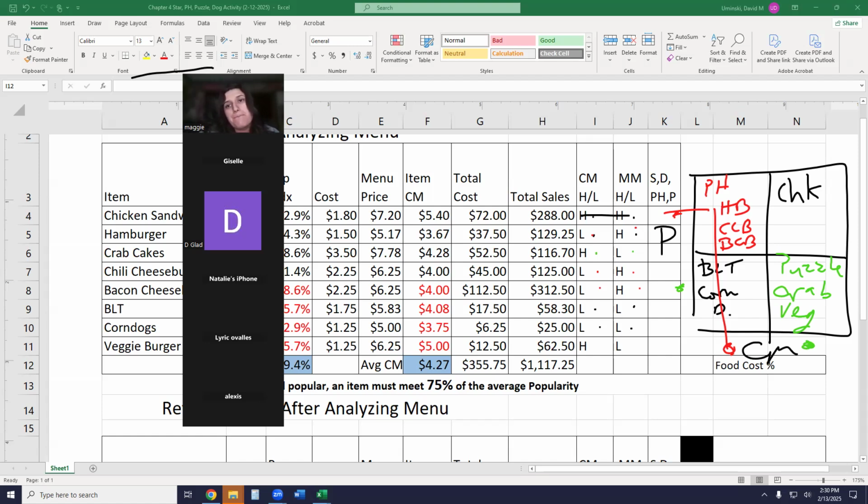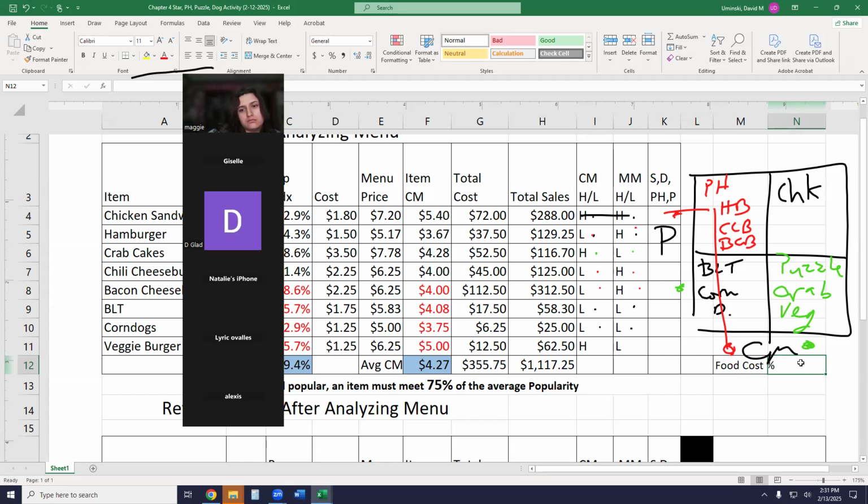Questions, comments, concerns about how we figured this out? The last thing you're going to do is the food cost percentage. How do we find food cost percentage? What's the formula? Cost divided by sales. How do we know that? The triangle.